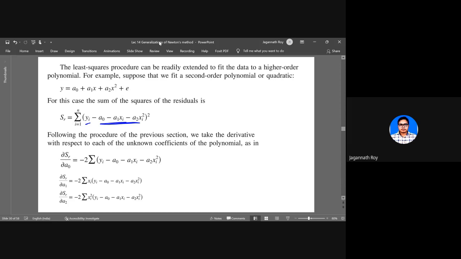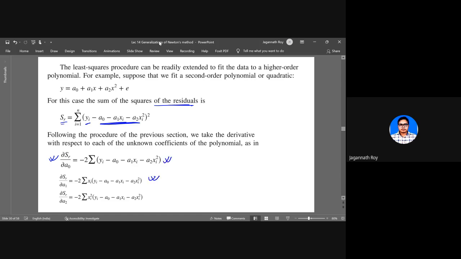So again, we'll try to find out the error equals 0. Squares of the residuals, so we'll make it 0.